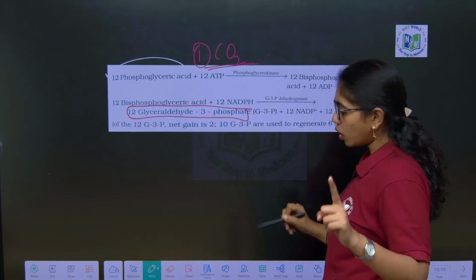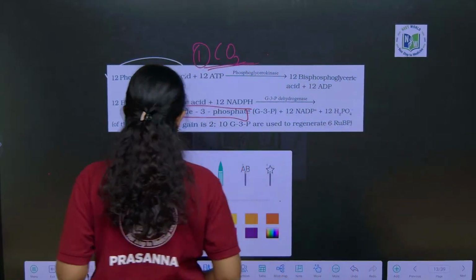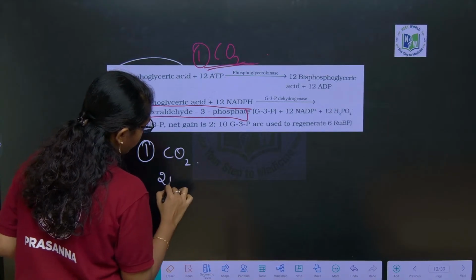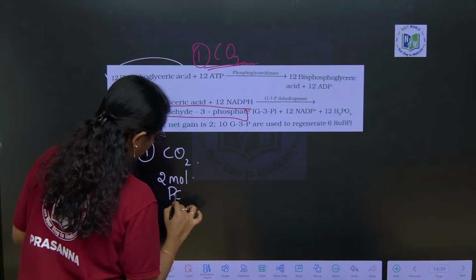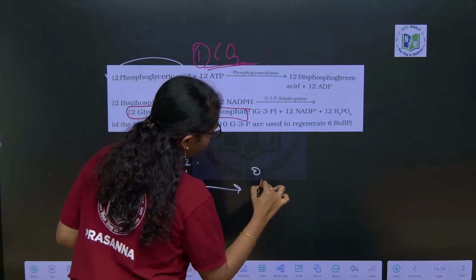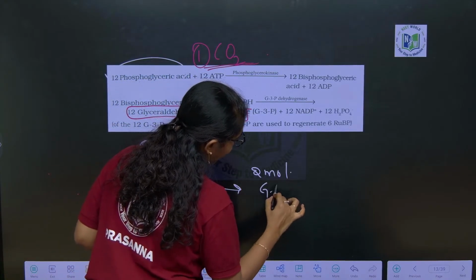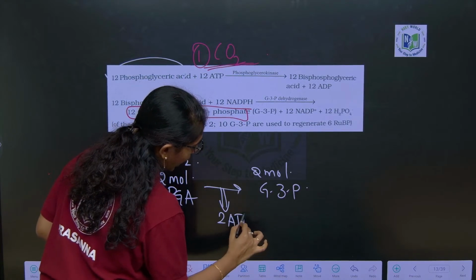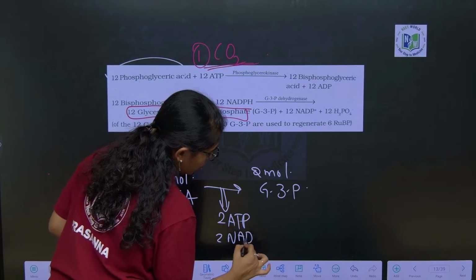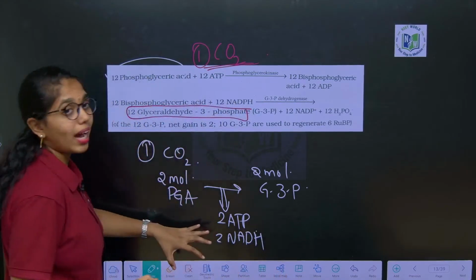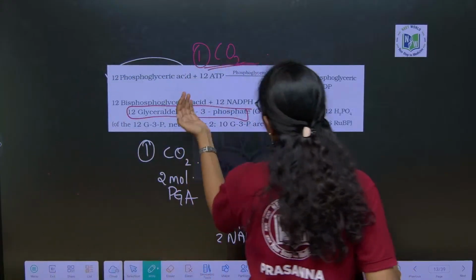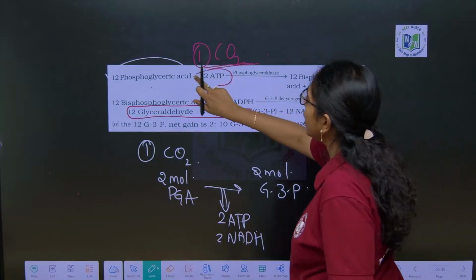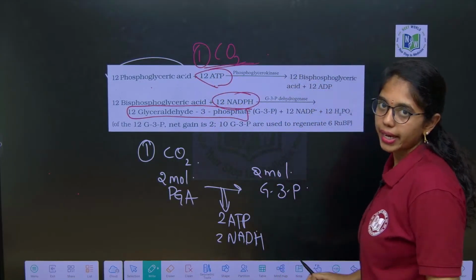For 1 carbon dioxide fixation, this reduction from 2 molecules of phosphoglyceric acid to 2 molecules of glyceraldehyde 3-phosphate requires 2 ATP and 2 NADPH. This you have to remember. And for 12 phosphoglyceric acid molecules, that is 12 ATP and 12 NADPH.